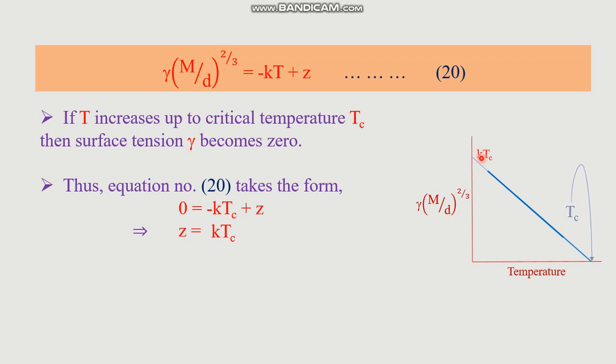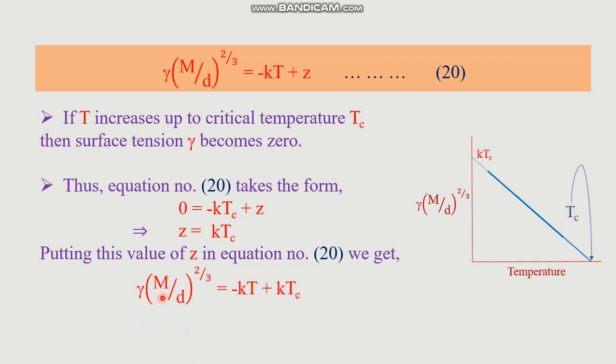So z is k Tc, and this point represents Tc, the critical temperature, where the surface tension as well as molar surface energy is 0. So let us put this value in equation number 20, and we get the molar surface energy equals minus kT plus, in place of z, k Tc. So the final form of the equation is this one, equation number 21, and this is the Eotvos equation.